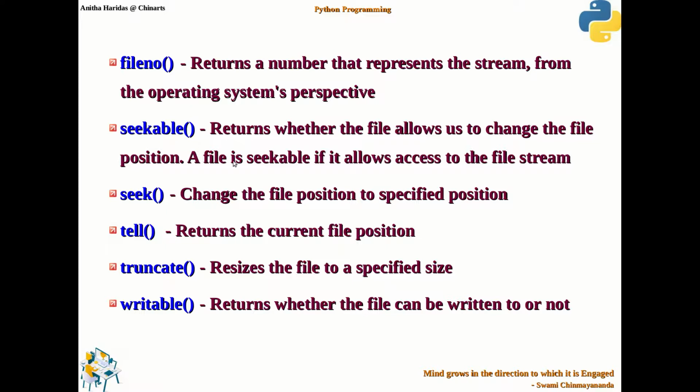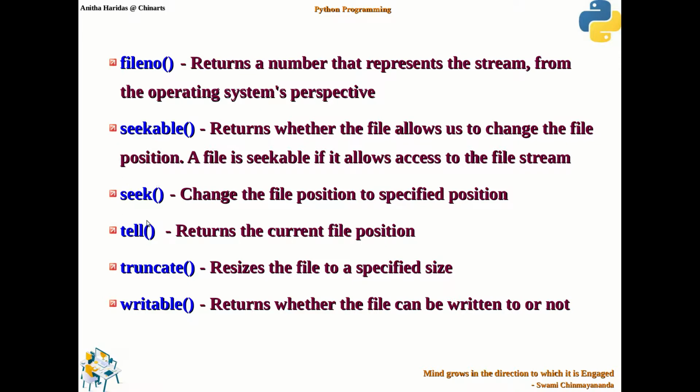A file is seekable only if it allows access to the file stream. Only then can you change the file position to a particular character. So that is what seekable is used for. It will return true or false, whether the file allows you to change the file position or not.